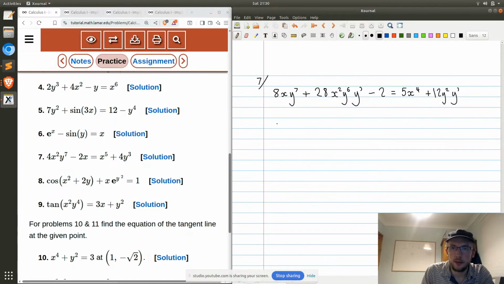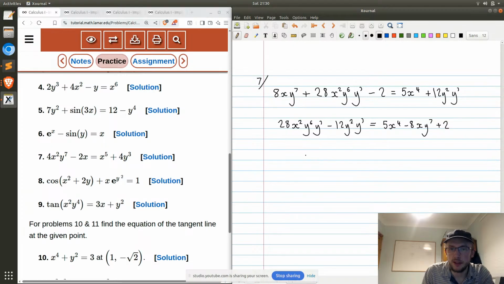Then we gather everything. That's all there on the left. And that's all there on the right.